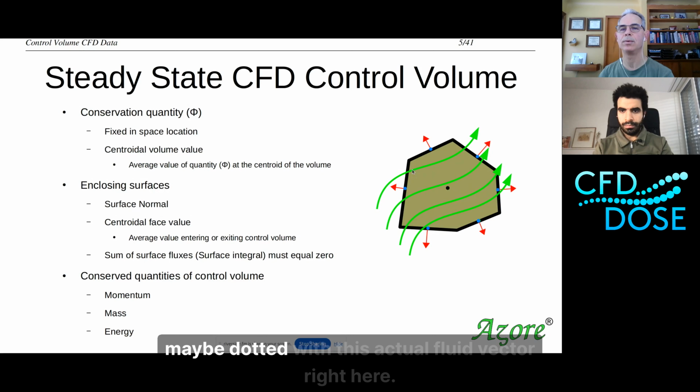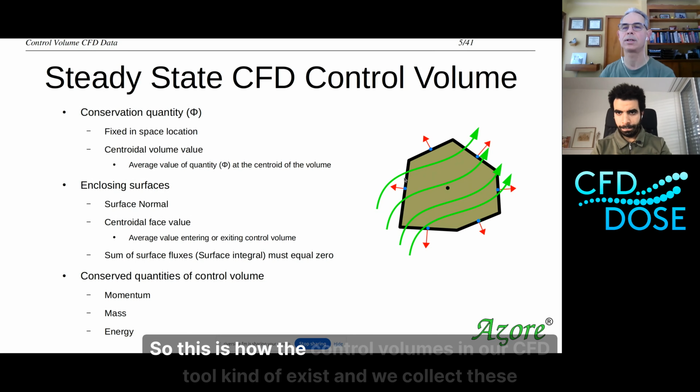This normal vector says which way your convention is, and then you use that along with these vectors. So you can see that this normal vector is opposite to the fluid path line. So in order to find out the flow volume in here, you would use this normal vector, dotted with this actual fluid vector right here.